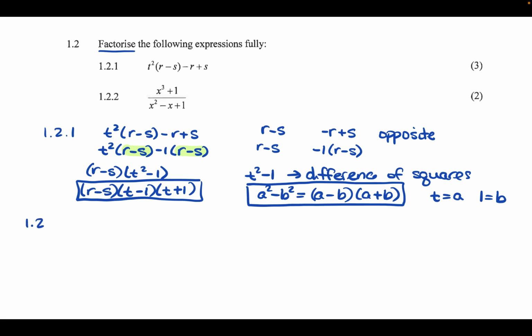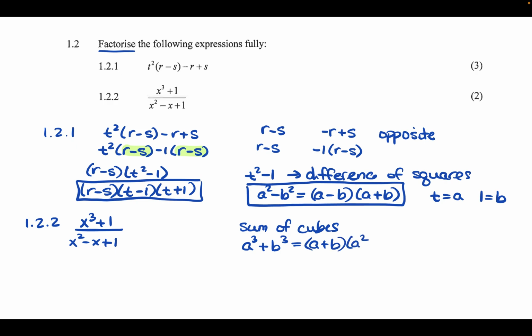Now 1.2.2 has an expression in the numerator that is also a special kind of factoring problem, and that is a sum of cubes. That is a cubed plus b cubed, and that can be factored into a plus b, a squared minus ab plus b squared.